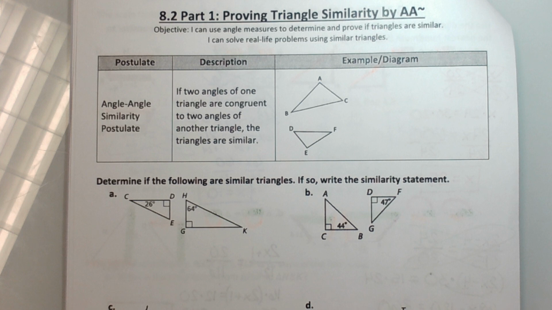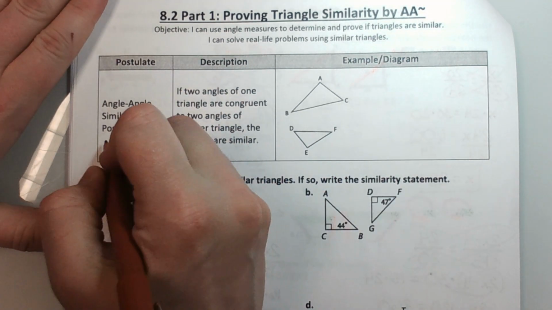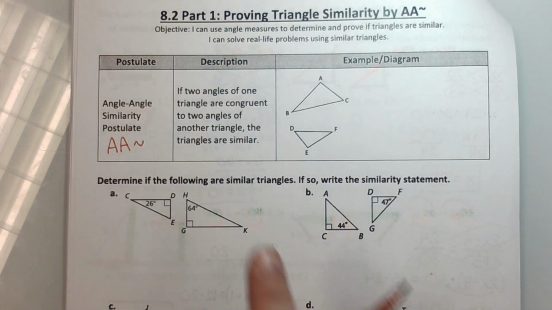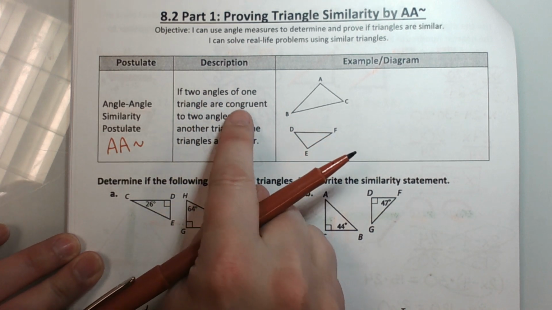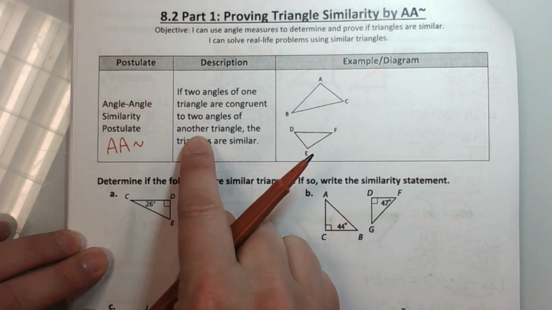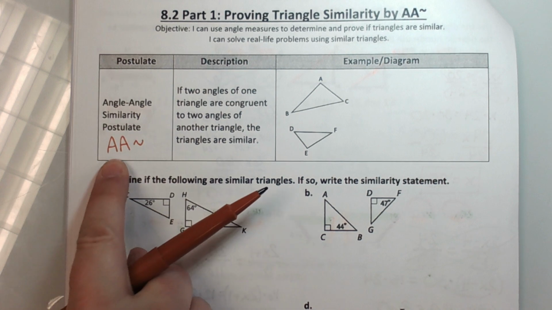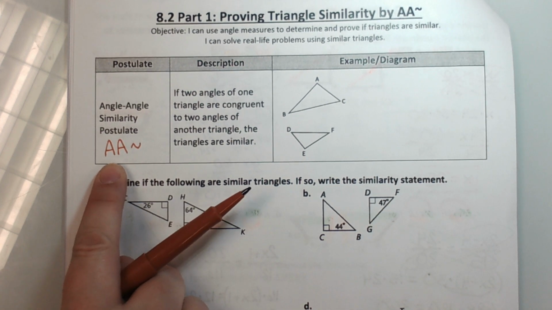One shortcut to showing that triangles are similar is if you see a triangle in which there are 2 angles congruent to 2 angles of another triangle, that is actually enough information to say the triangles are similar. So this is angle-angle similarity, or AA with the squiggle.